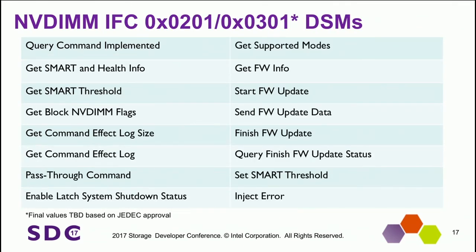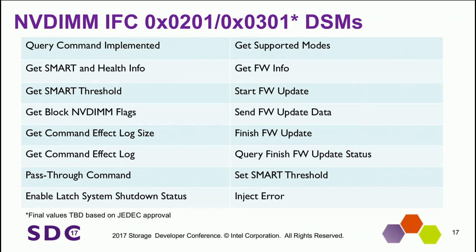There are also many device-specific DSMs, which are associated with the interface format code. For the most part, the device-specific DSMs are not yet standardized. So this is an example of the DSMs that are implemented by type interface format code 201.301 DSMs, which is the Intel DIMMs for non-energy backed byte addressable persistent memory and block.